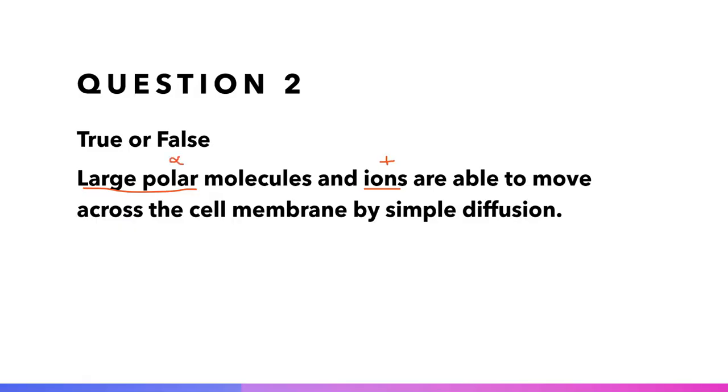Polar molecules have partial positive or partial negative charges. Are they able to diffuse across the cell membrane by simple diffusion? That's going to be false, right? They need the help of a transport protein. They can move across by facilitated diffusion instead.